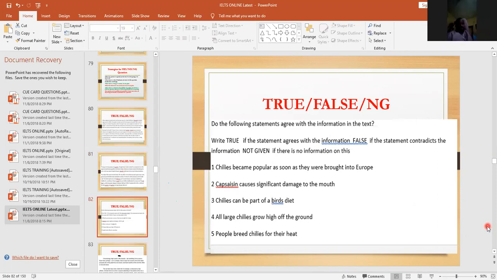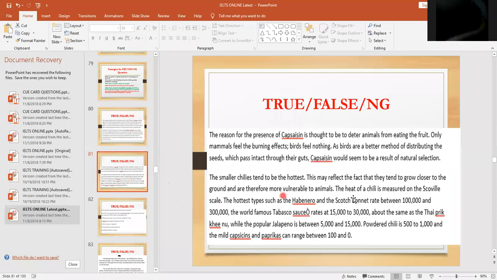Okay, now let me take us through the next question. All large chilies grow off the ground. All large chilies grow off the ground. Okay, so now I will take you to the passage, and I will give a minute too, because I want us to start getting it. So I will mute this time around. I'll give a minute. So we will be back after that minute.